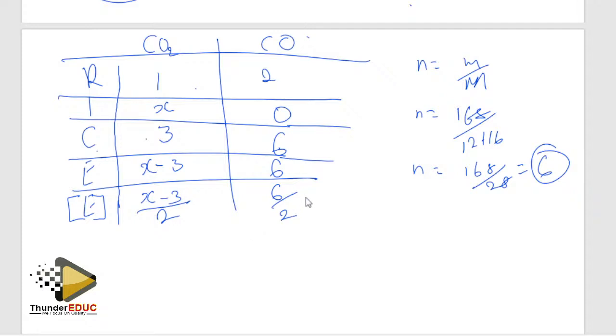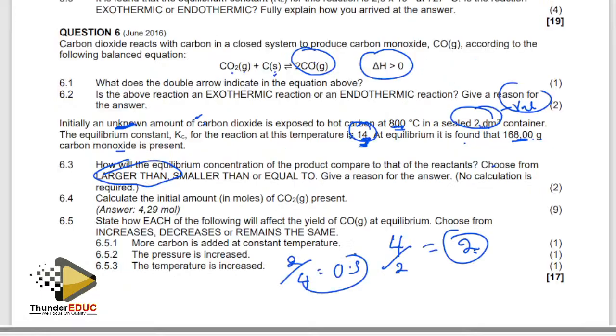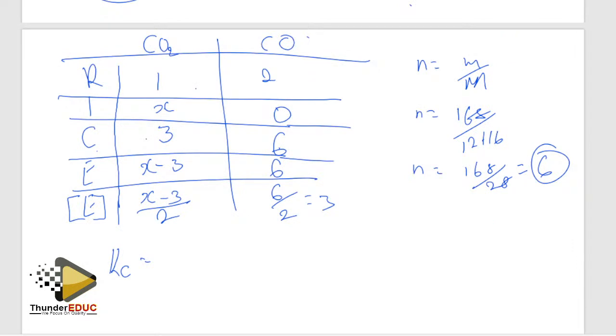So it's going to be here 3. So now after that, I can apply to Kc. Kc value is going to be equal to what? I come here and I find out where is it? Yeah, the Kc they said is 14. So the Kc is 14.